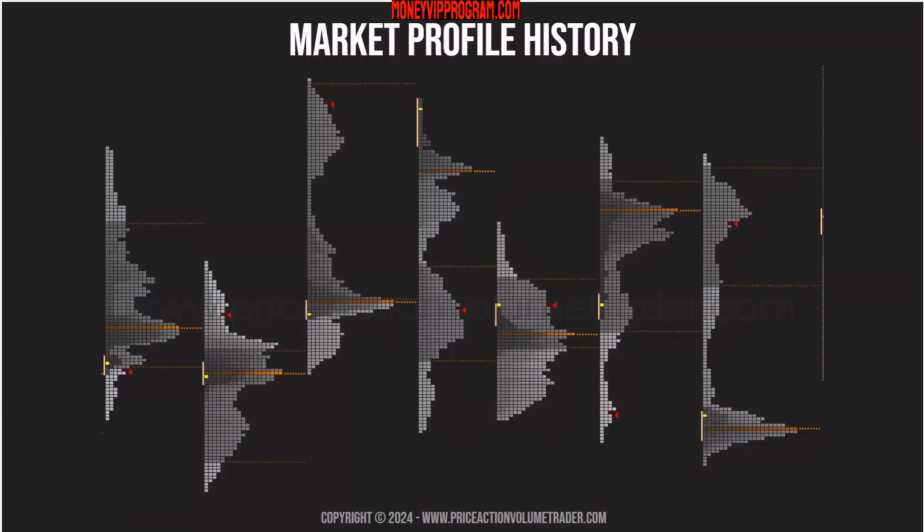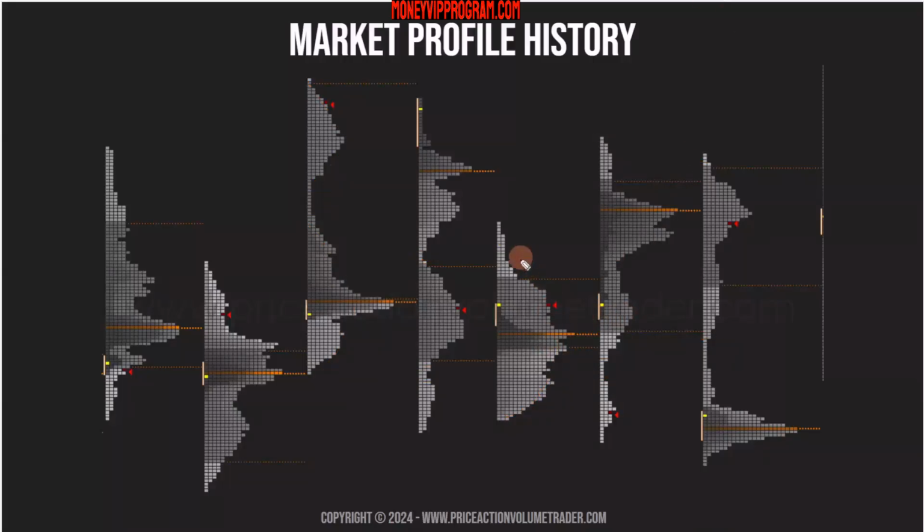But as you can see from here, we have areas where price has spent more significant time, and then little sections like these where price spent very little time and pretty much traded through fairly quickly. And then you have other areas. For example, this is a very balanced day, where we had more of the traded volume right around the middle.